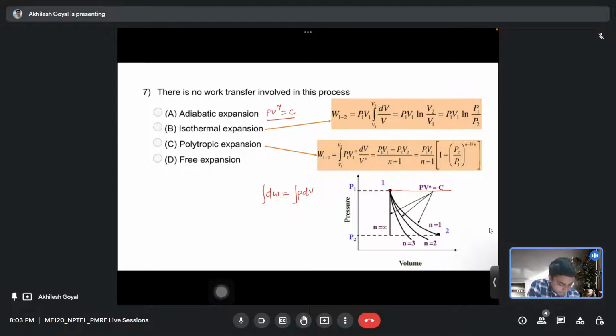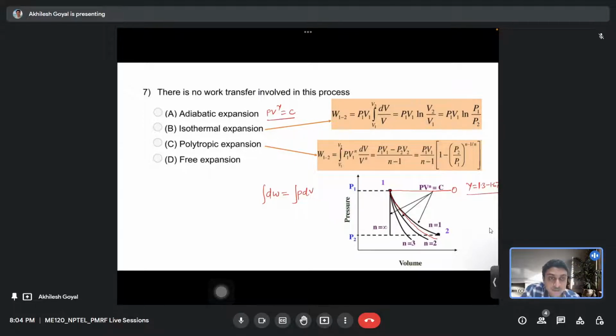In this plot you can see PV raised to power n is equal to constant, where the value of n varies from 0 to infinity. The value of gamma ranges from 1.3 to 1.67, so in the graph it must come between 1 and 2.